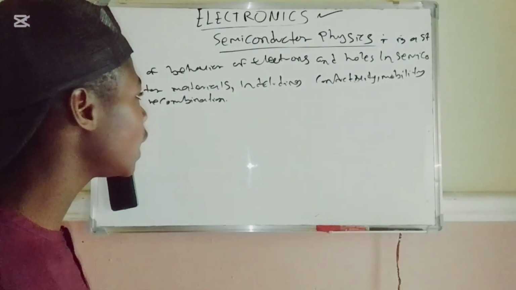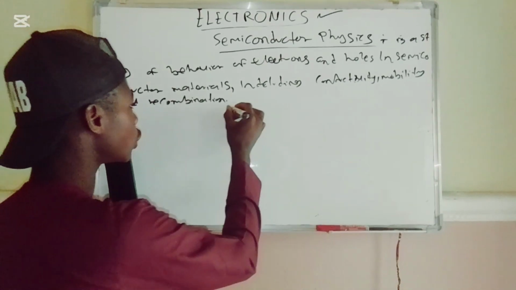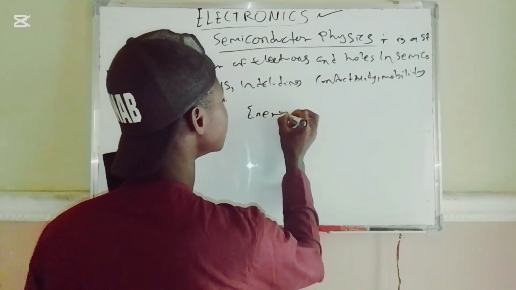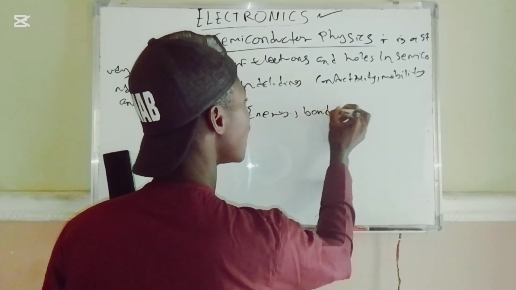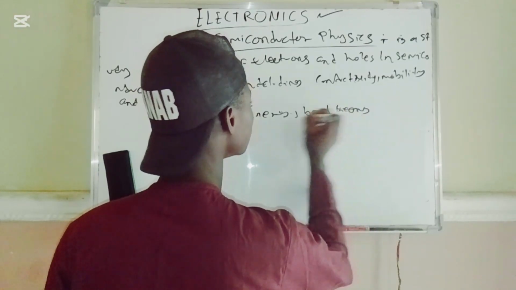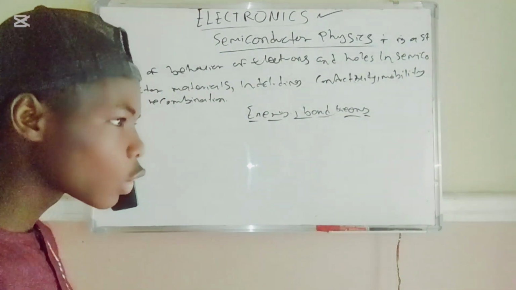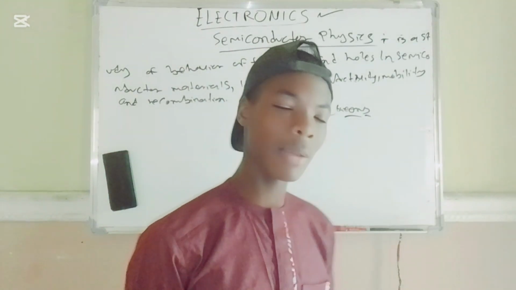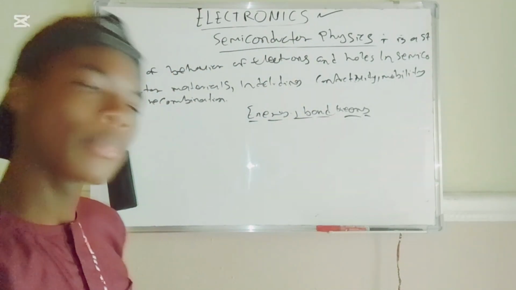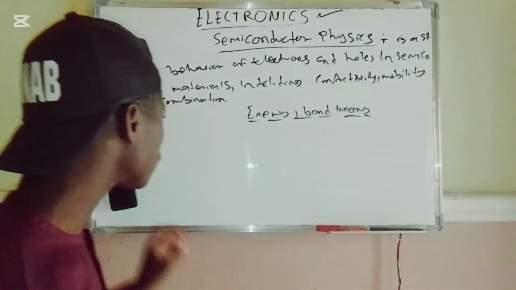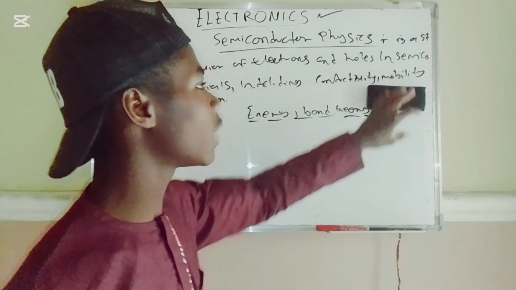There is what we call energy band theory. Under this energy band theory, we have the band gap, the valence gap, and the forbidden gap. We are going to see each and every definition under this.